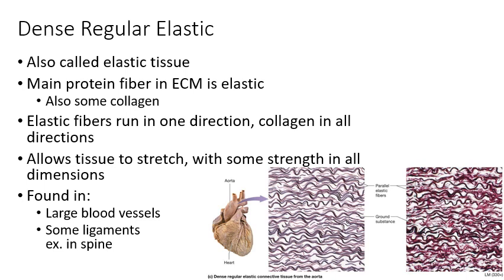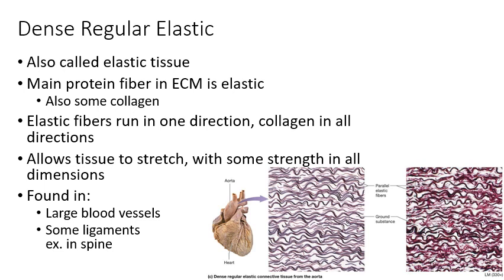So you can find that type of tissue lining your largest blood vessels, prominently the aorta. As you have blood ejected into the aorta from the heart, the aorta is experiencing a lot of strain. It has to stretch to accommodate the new blood volume that's in there, and then it has to go back to its original shape.